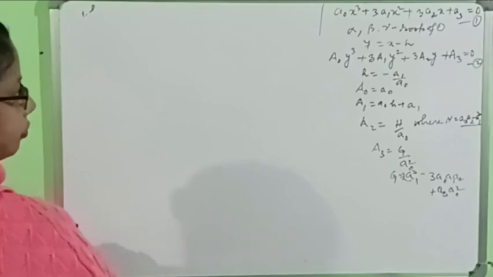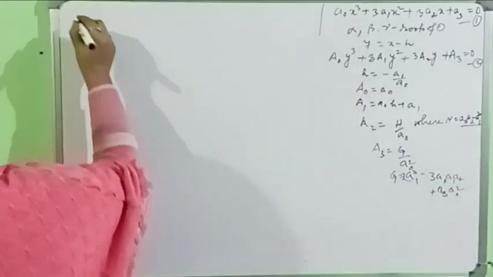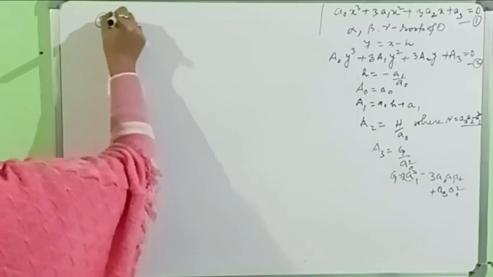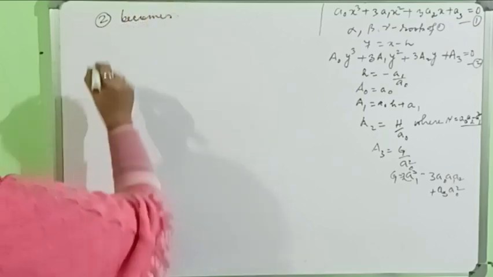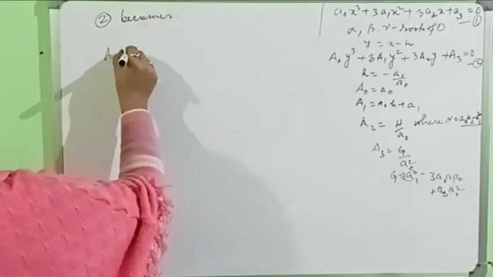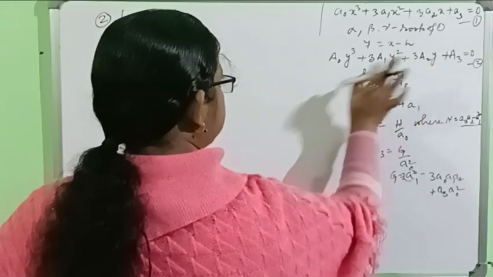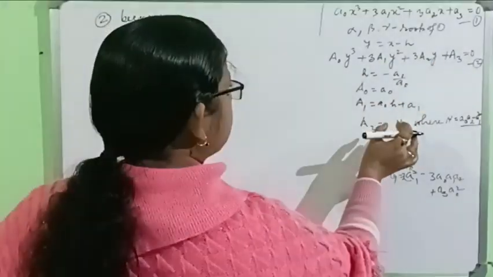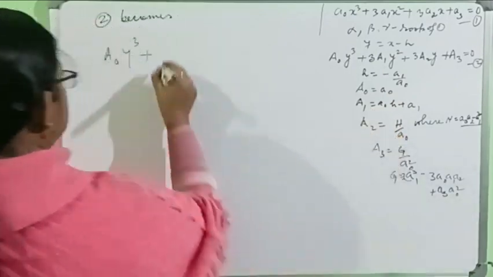Now put this value. Therefore equation 2 becomes a naught y cube, plus this term will be 0 as this coefficient is 0, a2 a naught is this one, a1 is 0, a2 will be this one.